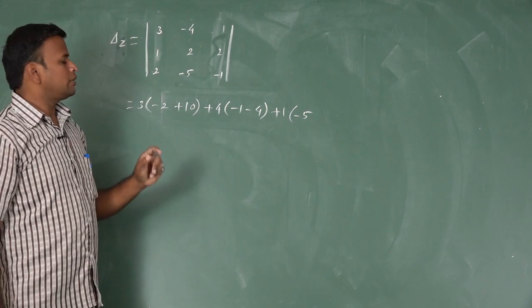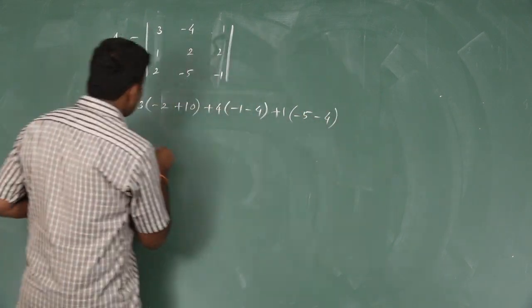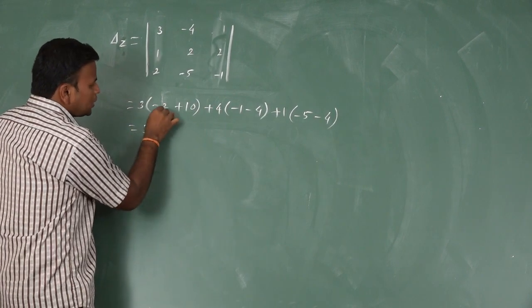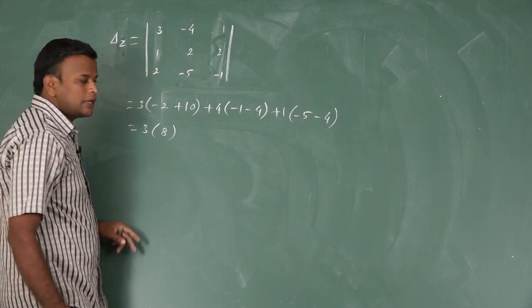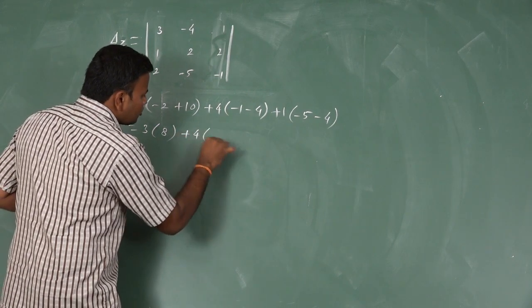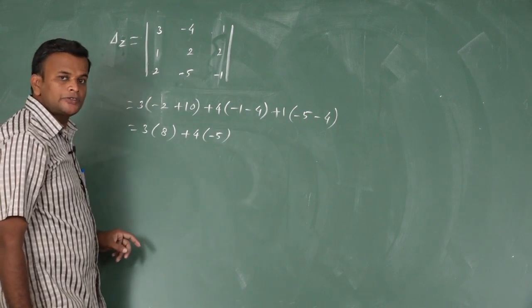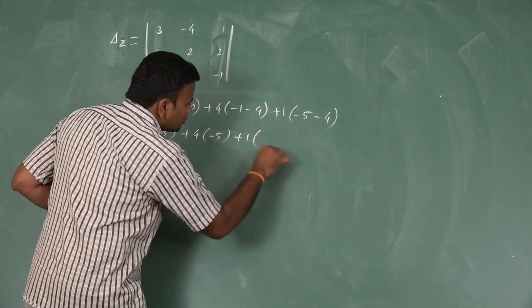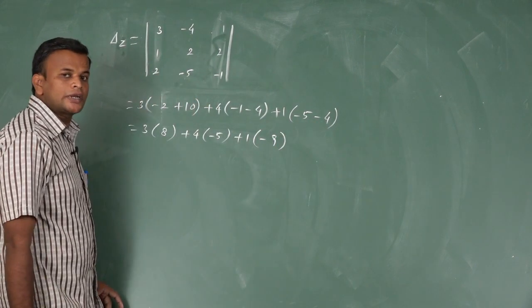We multiply these two elements with a minus sign, so minus 4. 3 into minus 2 plus 10 is plus 8. Plus 4 into minus 1 minus 4 is minus 5. Plus 1 into minus 5 minus 4 is minus 9.